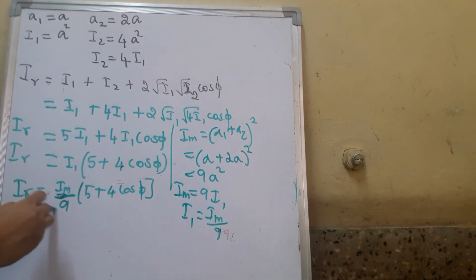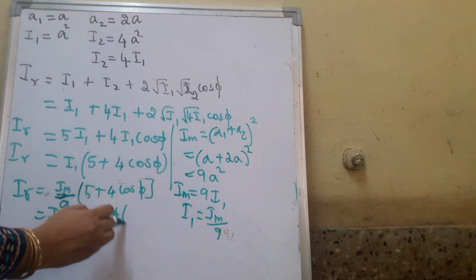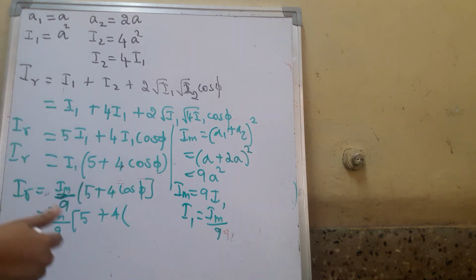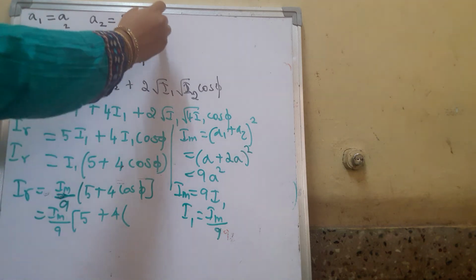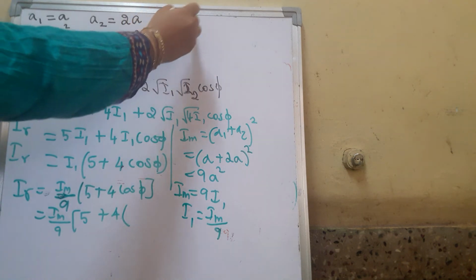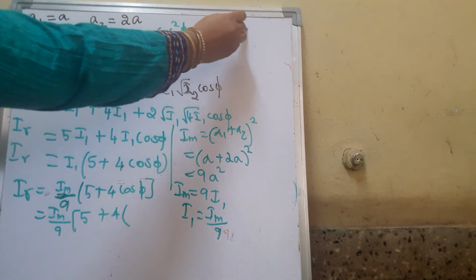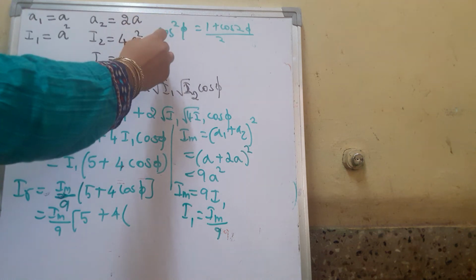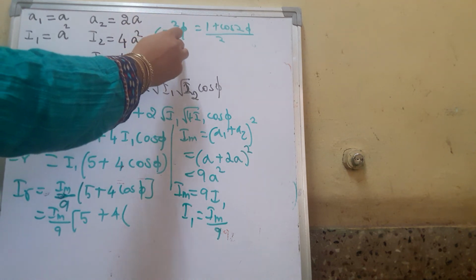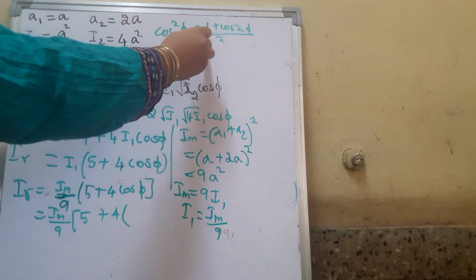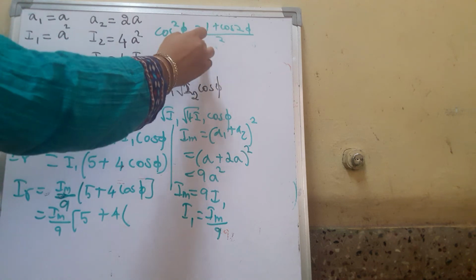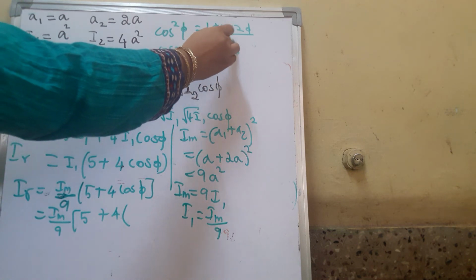Shall I write like this? IM by 9 of 5 plus 4 cos phi. How can we represent cos phi? You know that cos square theta is 1 plus cos 2 theta by 2, so cos square phi is 1 plus cos 2 phi by 2. Rearranging, cos 2 phi is 2 cos square phi minus 1.